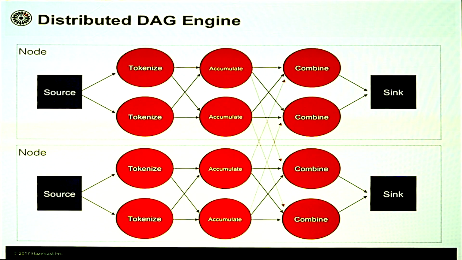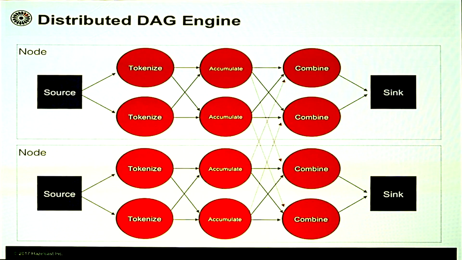Again, probably you can try to do them with a MapReduce as well, but DAG is just a generic term where you can create data flows as complex as you want, and it's a simpler definition, I would say, than a MapReduce.